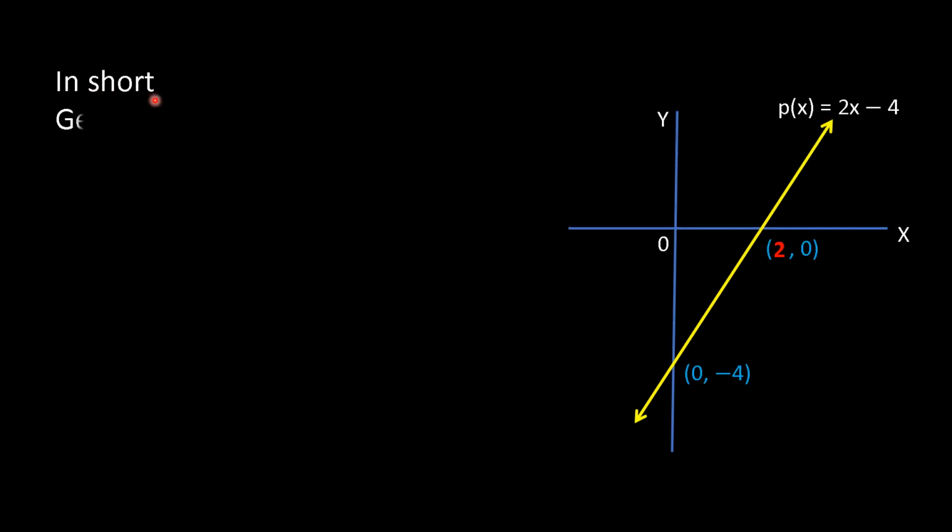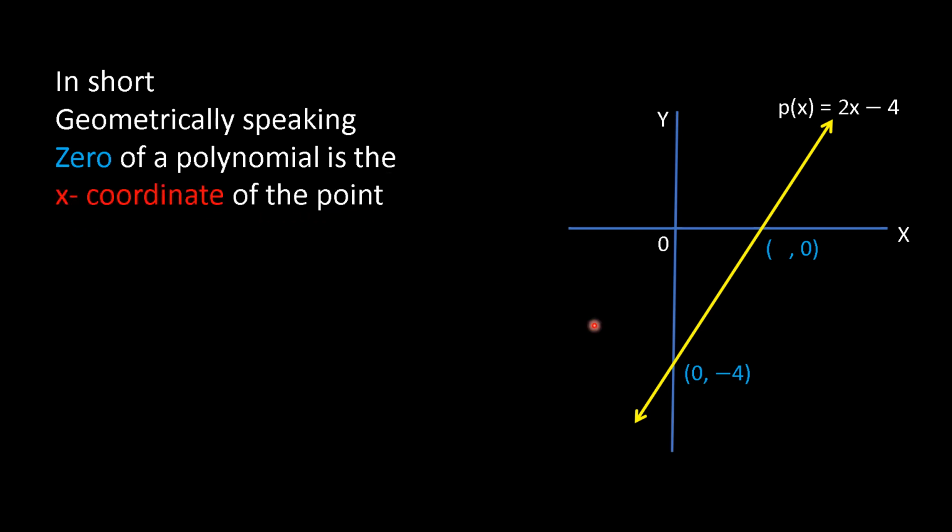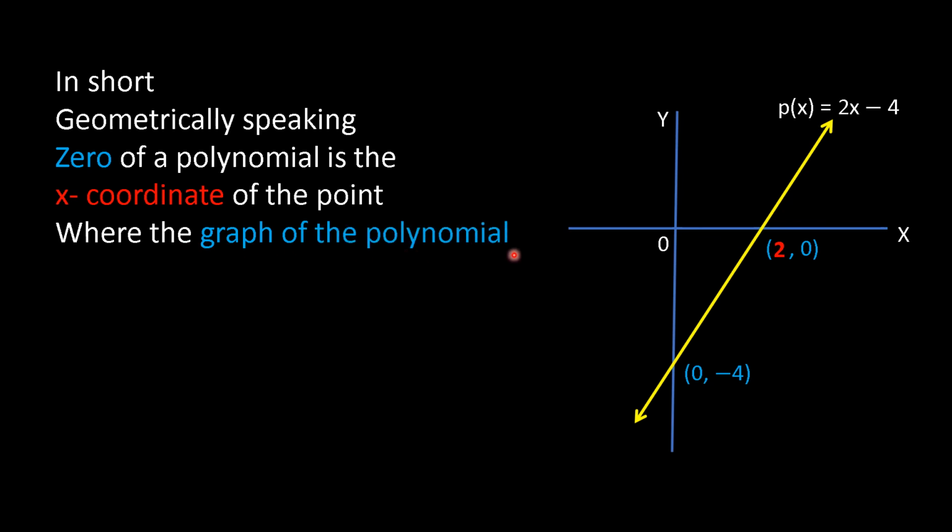In short, geometrically speaking, the zero of a polynomial is the x coordinate of the point where the graph of the polynomial intersects the x-axis.